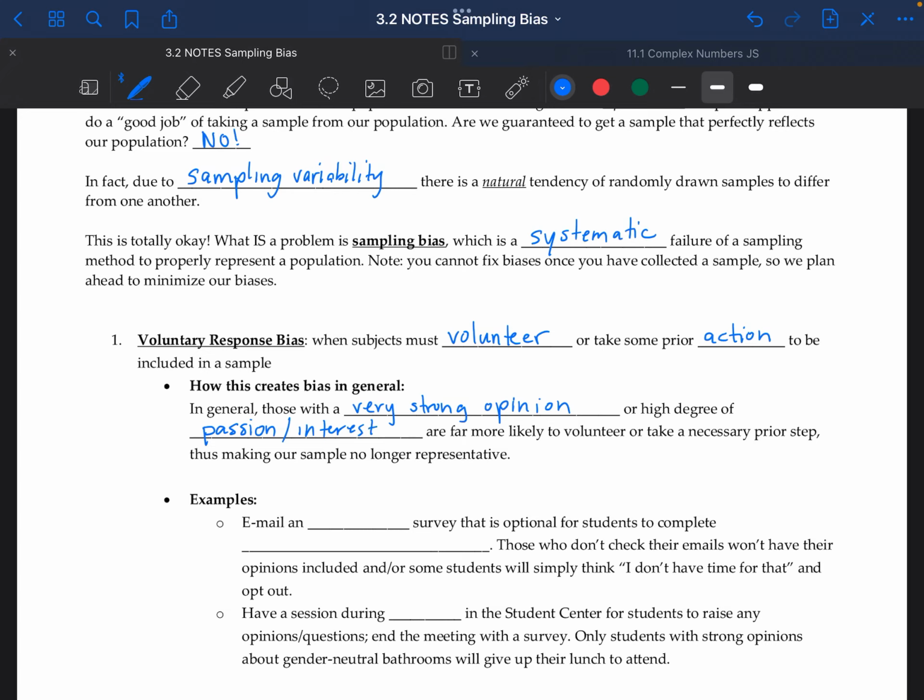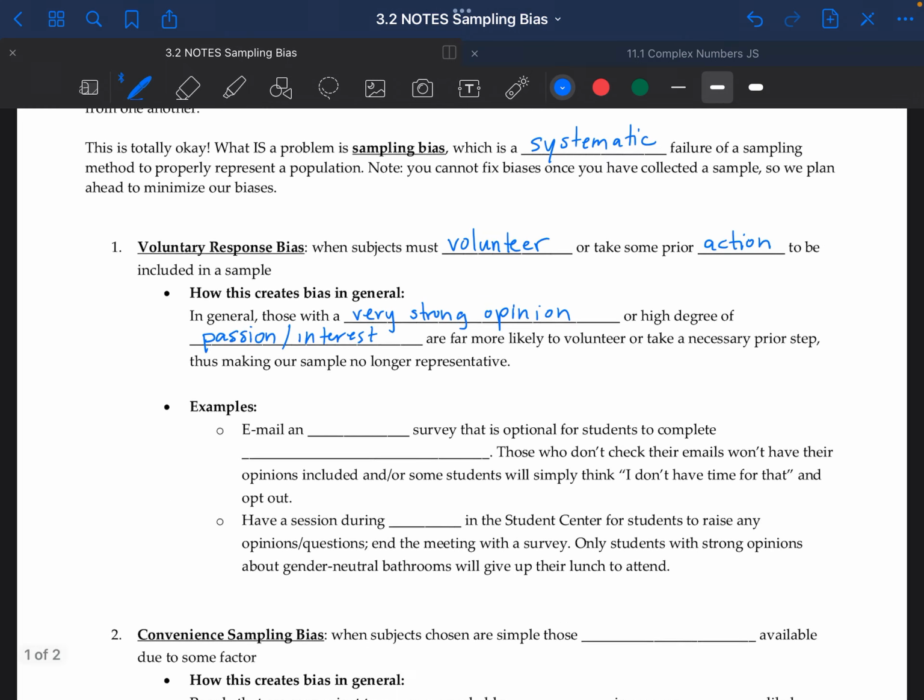Which makes our sample not representative anymore, because we would not believe that all of Fremont's students have some high passion or strong opinion about gender-neutral bathrooms. There might be people that are more apathetic. And so that's where the bias starts to come in, that you might not hear from the people that are more apathetic.